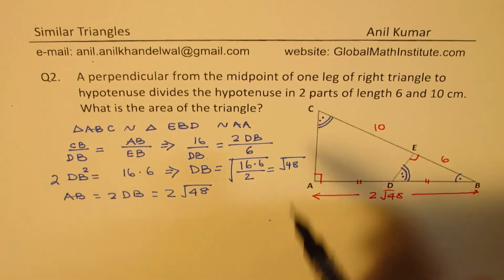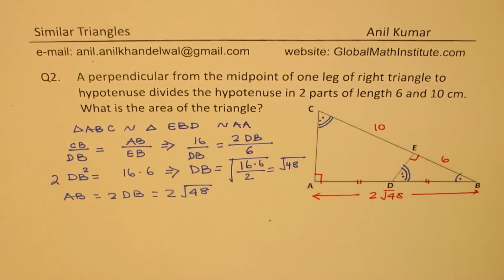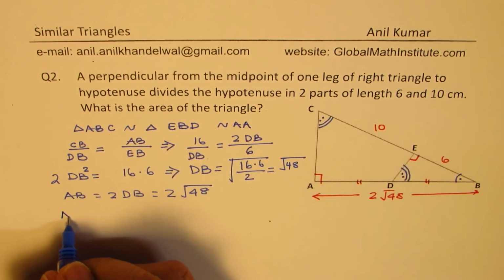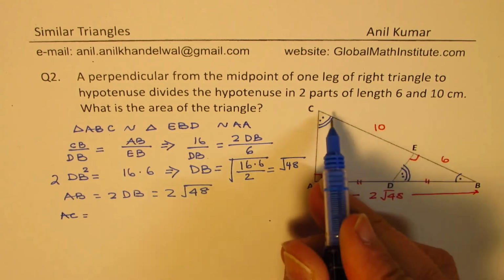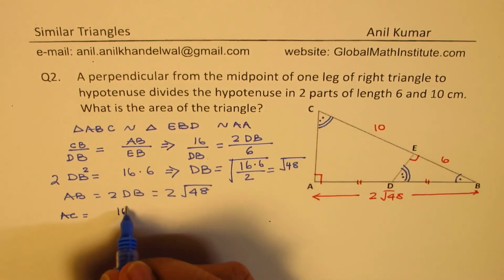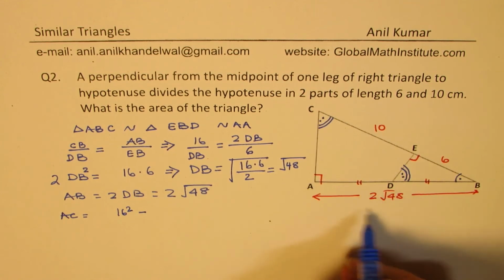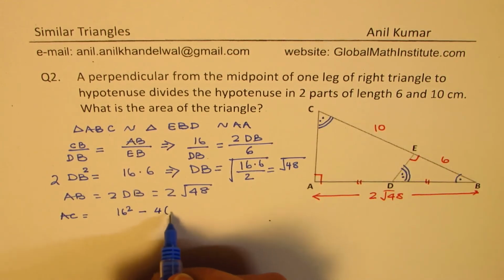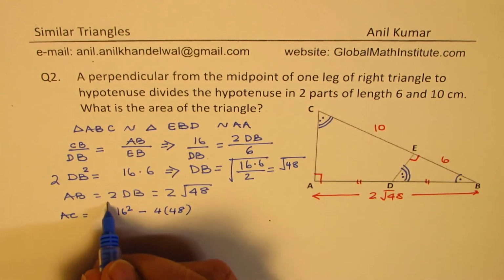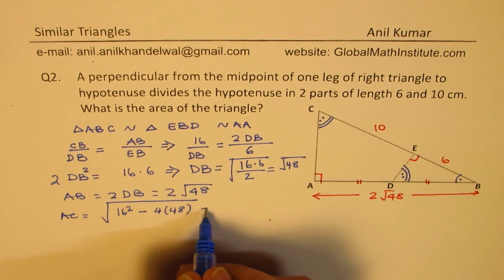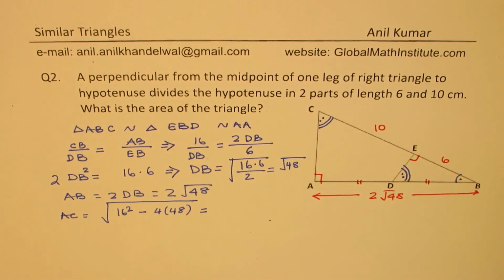Now we can find what is AC. So AC will be equal to hypotenuse square minus this square, right? So which is 16 square minus (2 square root 48) square, correct?